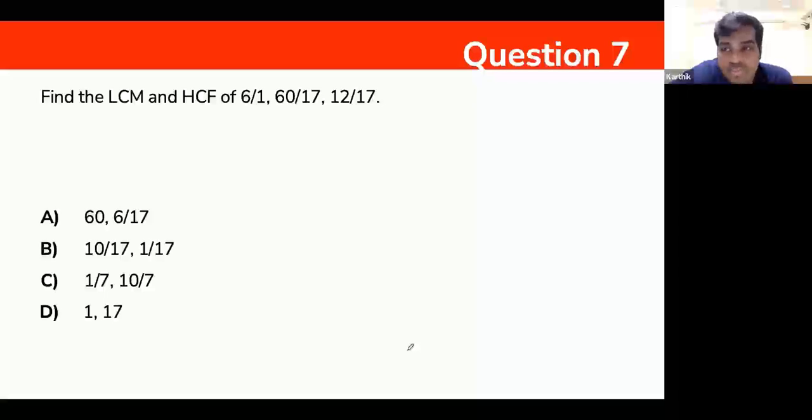What is the answer for this? Are you guys able to do it?